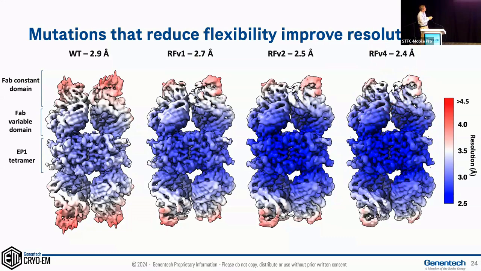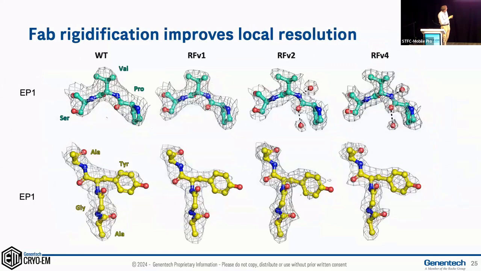More important than resolution numbers, here are some examples of details of the maps, and you see by the time we were done and had added lots of what we think are rigidifying mutations, we were seeing really more details in the reconstructions.